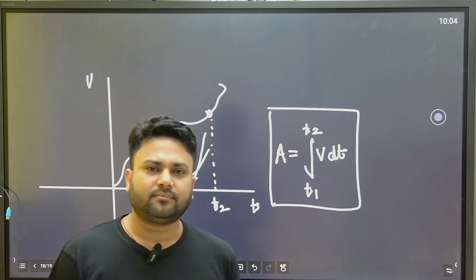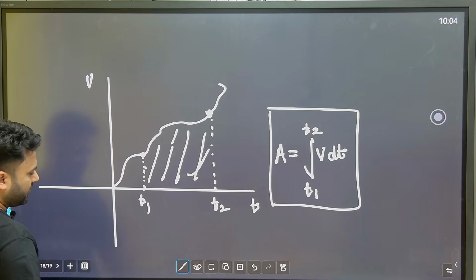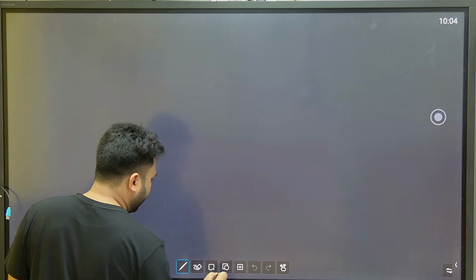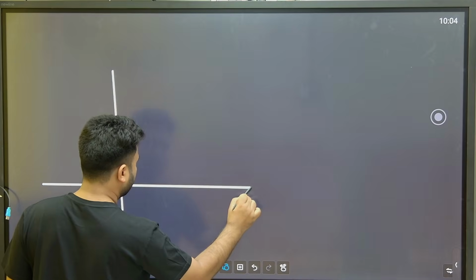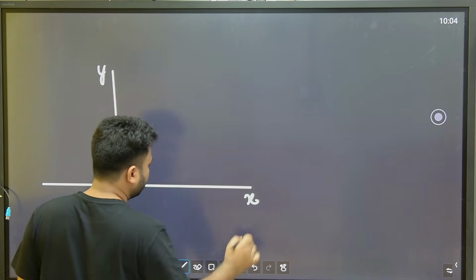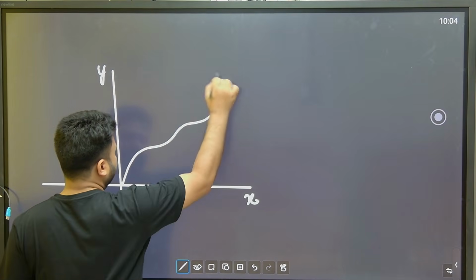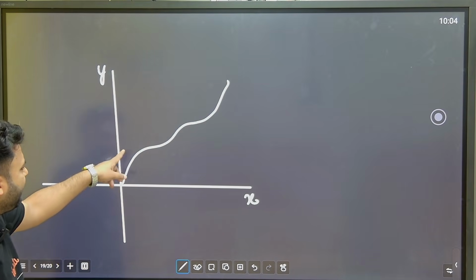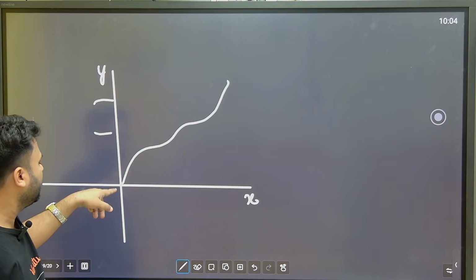Okay. One more thing they told. Suppose again, same thing, this is a y versus x graph and the graph is like this. You can see the y value is changing. If the x value changes, the y value also changes.